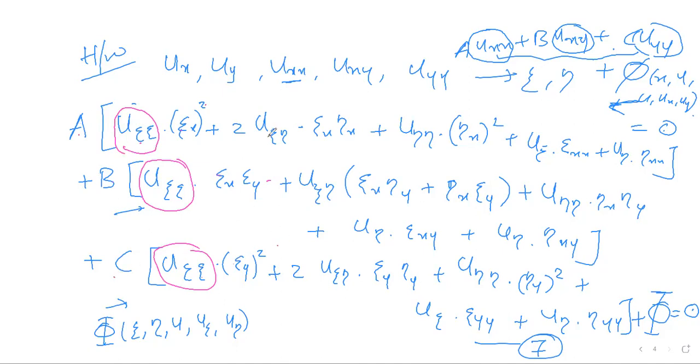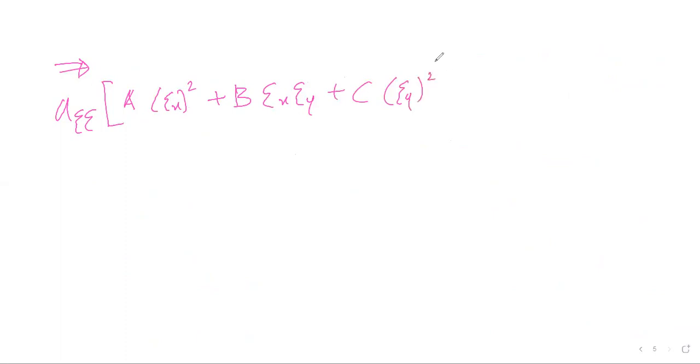I told you to derive that also. So if I take u zeta zeta out, I will have the term a zeta x squared plus b zeta x zeta y plus c zeta y, whole thing squared.